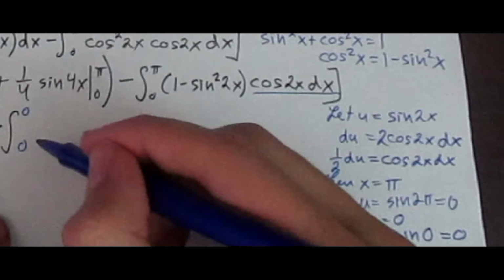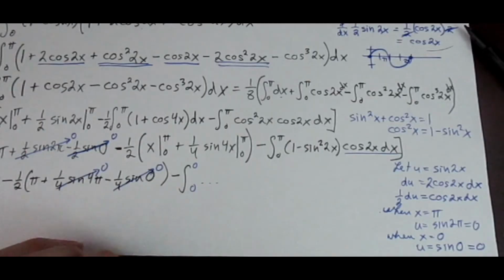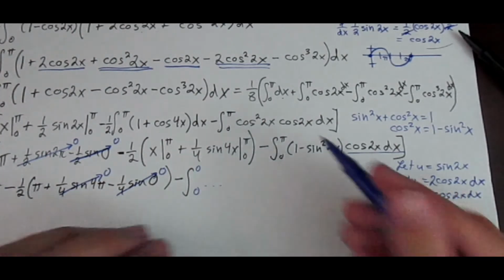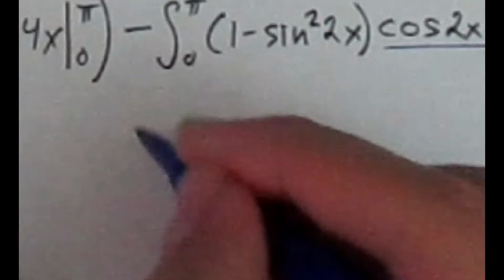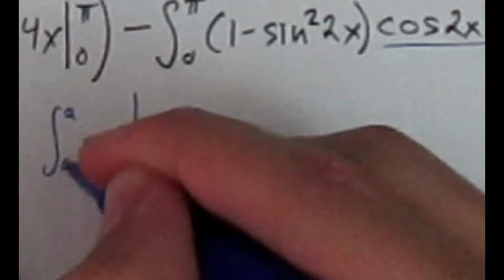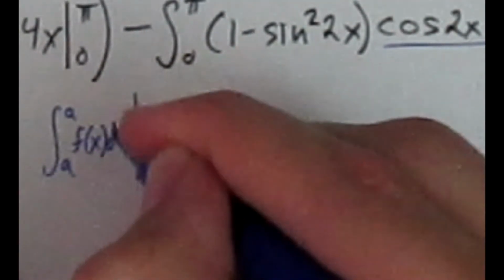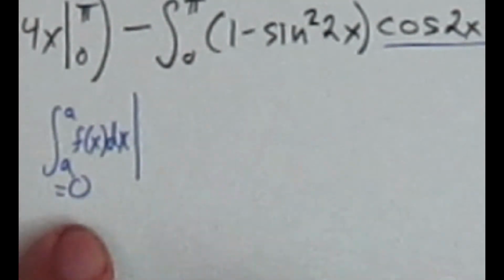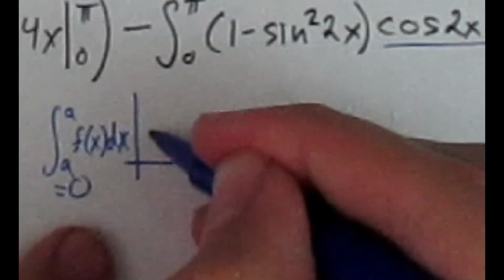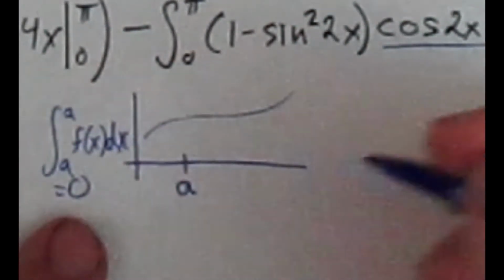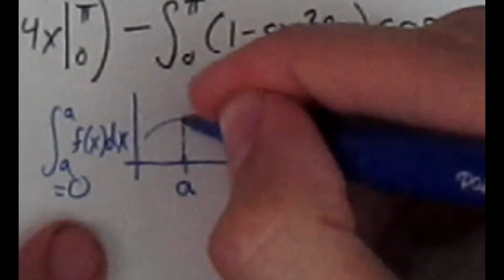Now we don't have to really go on from here, because something that we learned from Calculus 1 is that if you have the integral from a to a of f of x dx, it's going to equal 0. Because if you have the graph and you have some function and you're just going from a to a, basically nowhere, you basically have a line.